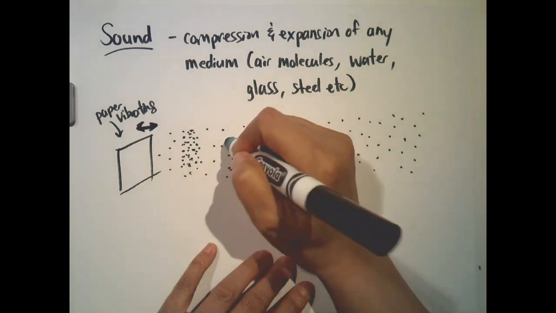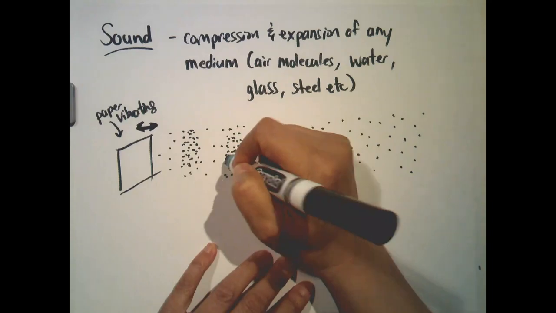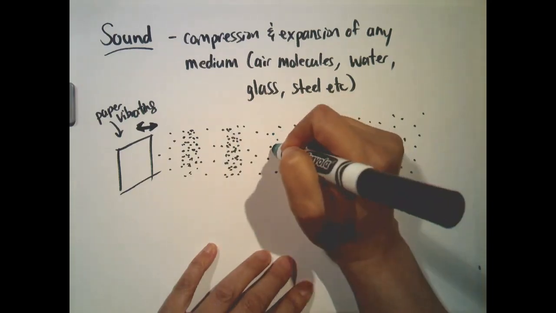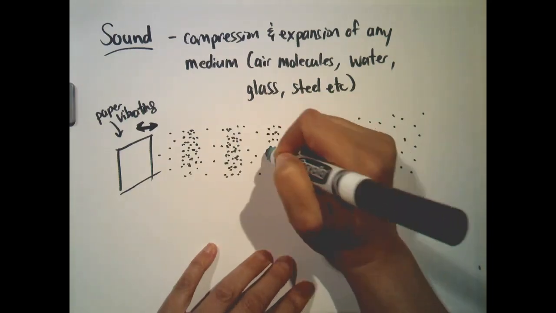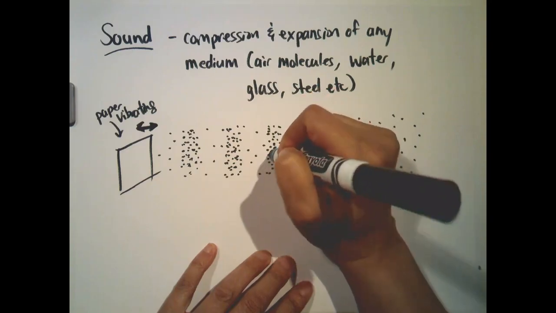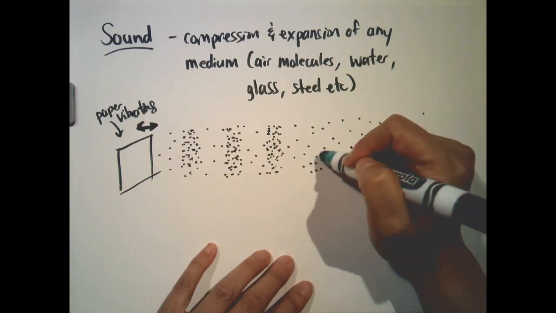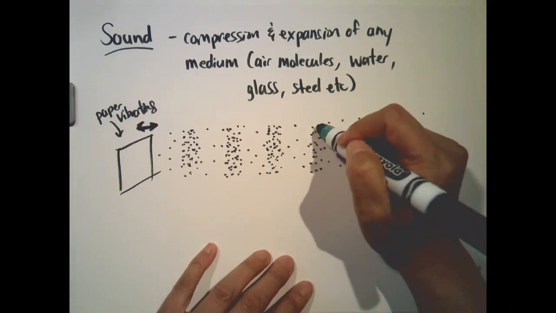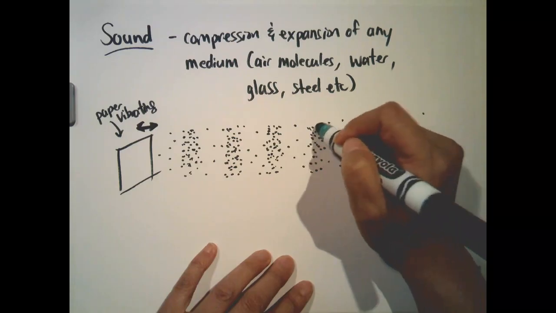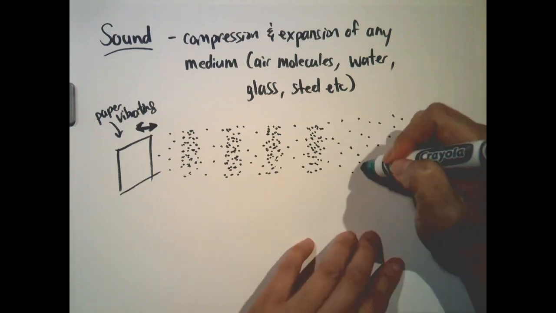And so they happen at regular intervals. And then you detect it. The eardrum basically detects different air pressures. That's why when you're on an airplane, your ears pop and you can't hear as well, because the pressure difference sort of stops the eardrum from vibrating completely.